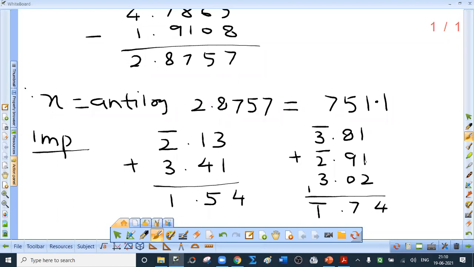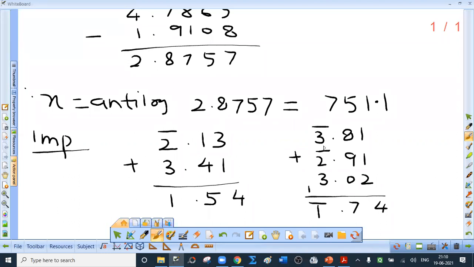1 plus 1, 2. 2 plus 2, 4. 8 plus 9, 17. 7 here, 1 carry means plus 1. When I say 1, plus 1. Already plus 3. So 3 plus 1 is 4. This is bar 3 plus bar 2. That is bar 5. Bar 5 means minus 5. And this is plus 4.